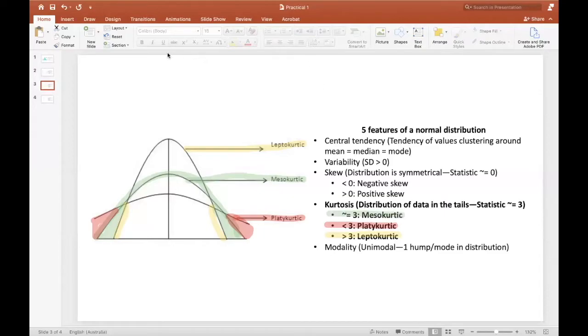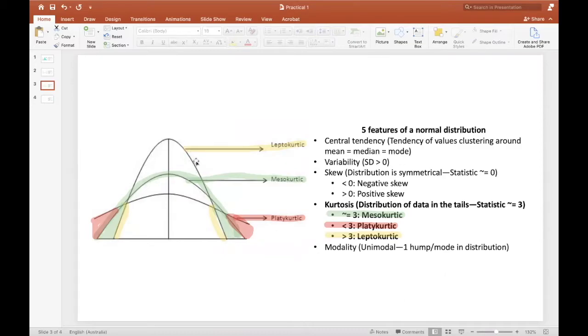Another way that I remember which values in Stata represent leptokurtic, mesokurtic, and platykurtic: we know that 3 is our standard for a normal distribution, and that's mesokurtic. And you can see here the peak is right in the middle. For a leptokurtic distribution, values greater than 3 are represented in Stata, and our peak is much higher than a mesokurtic distribution.